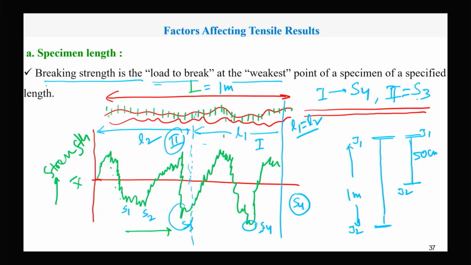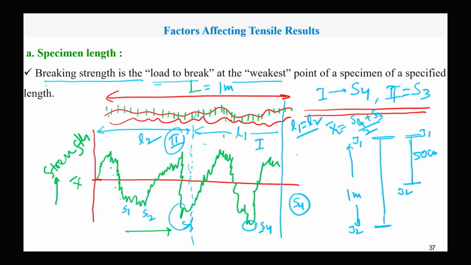And when we take the average, because we are trying to represent the whole length of 1 meter, the mean load will be S4 plus S3 by 2.